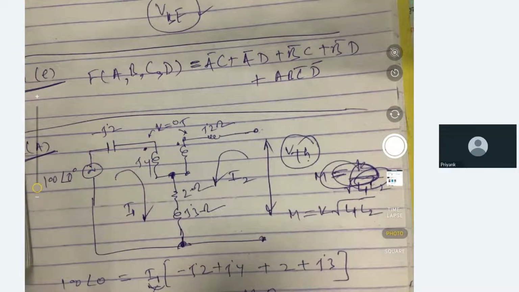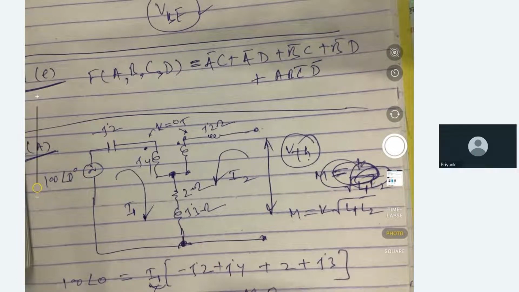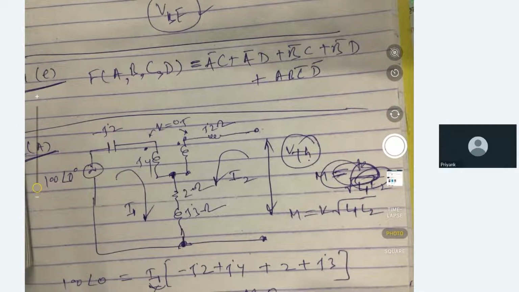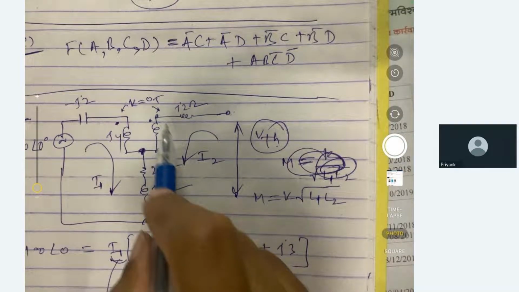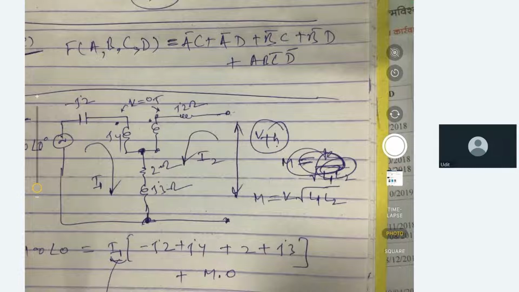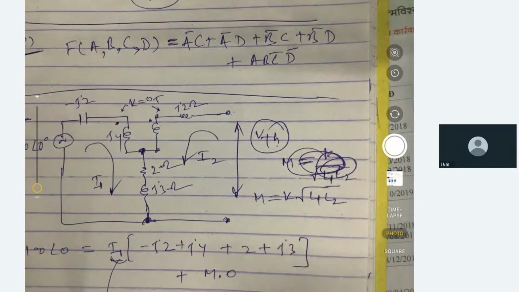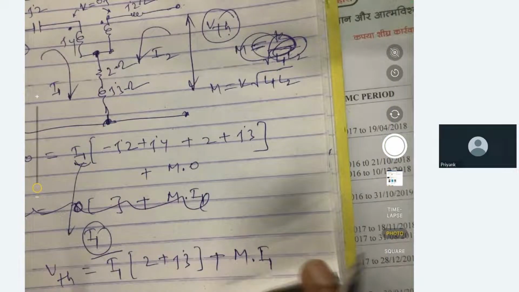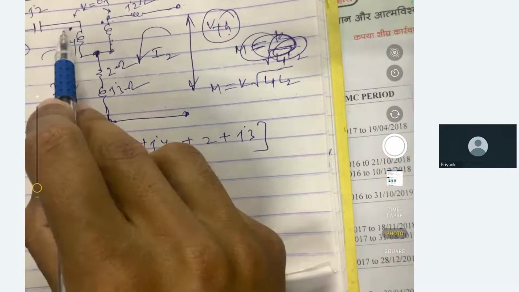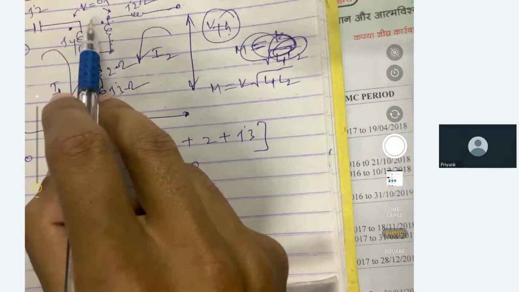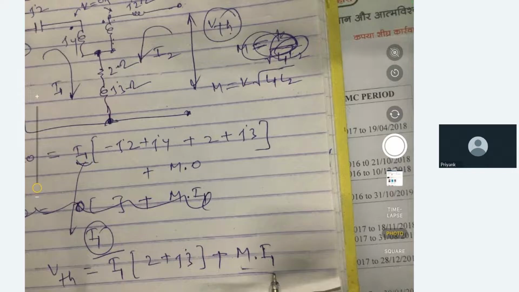So this VThevenin will be equal to I1 cross 2 plus J3 plus JM I1. This is for accounting for the mutual coupling between this and this, so we require to include this in M. So this will be our VThevenin.